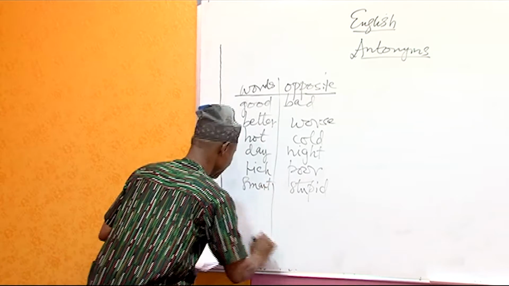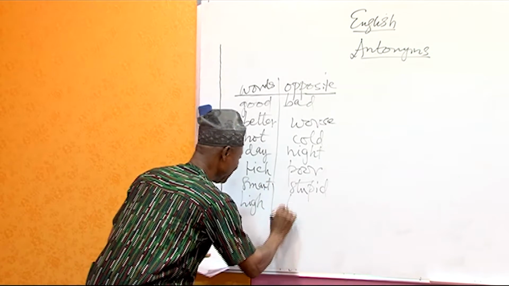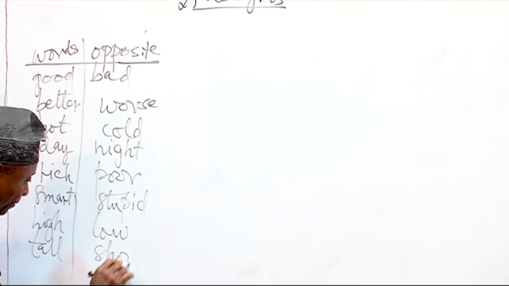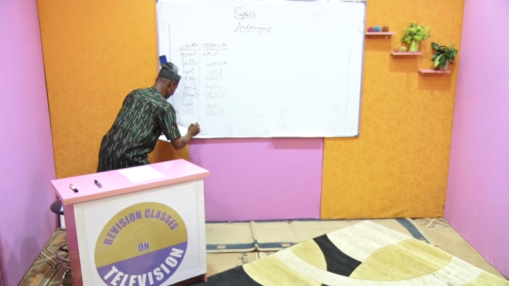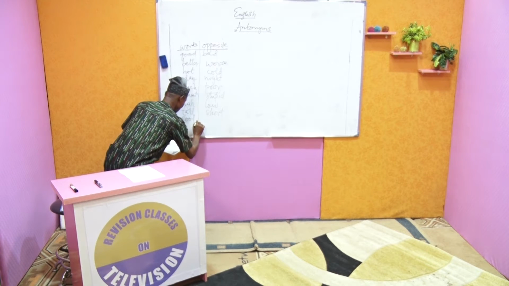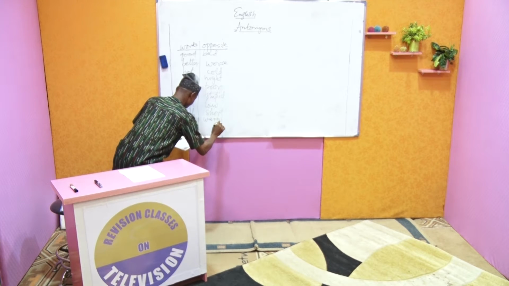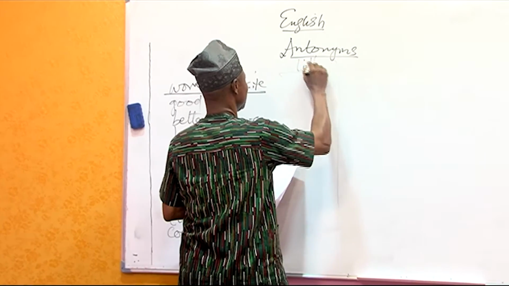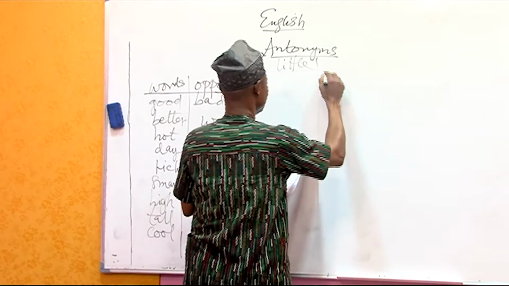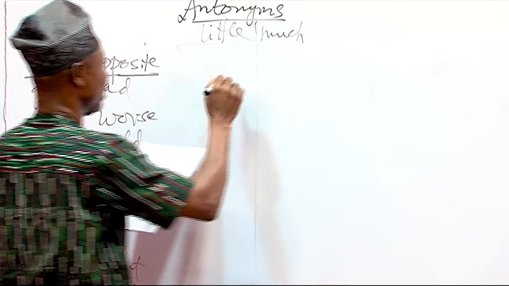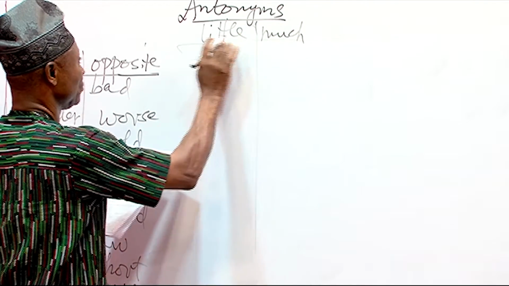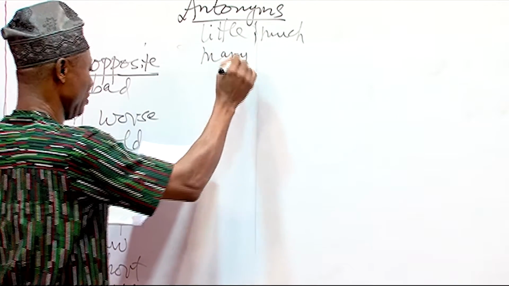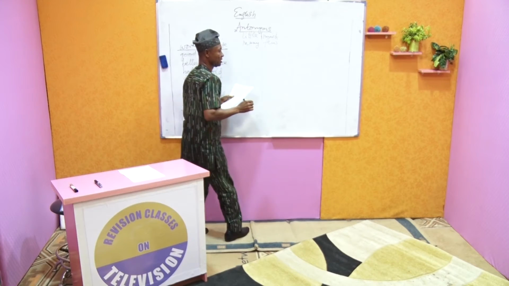You have high, you have low. You have tall, you have short. You also have other words such as cool. Cool is warm. You have others such as little. Little will give you much because they are uncountable in English. You have many, and many will give you few because they are countable.